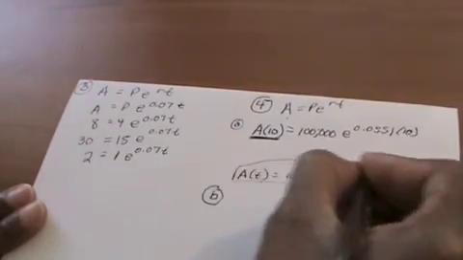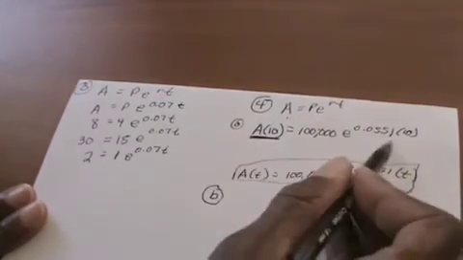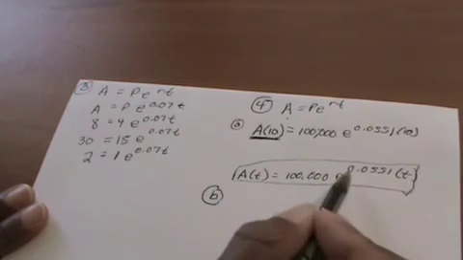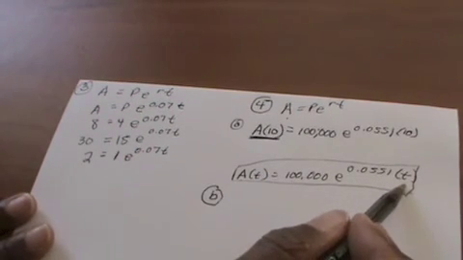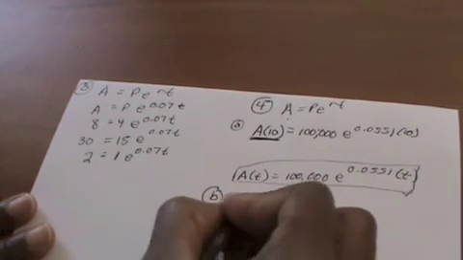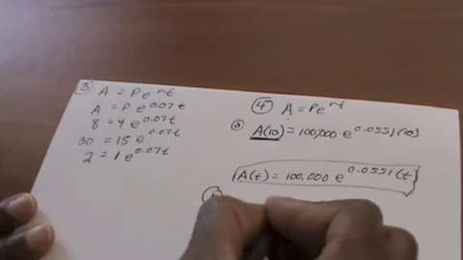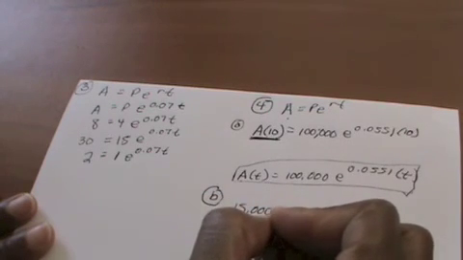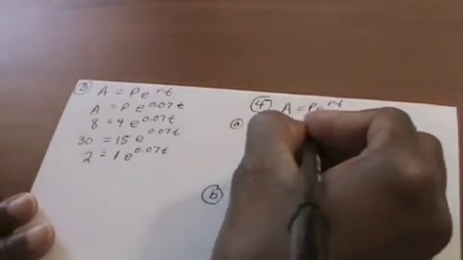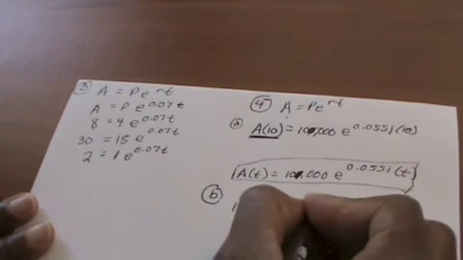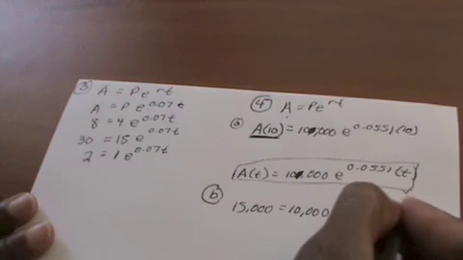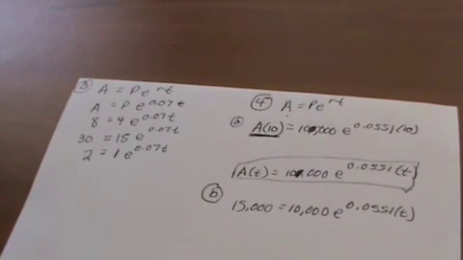So in this earlier one, I said what happens after 10 years, but the accumulated amount after any amount of years is 10,000 times E to 0.0551 times the T. So then they're saying, how long will it take for the account to be worth $15,000? So your $15,000 is your final amount. You start off at, I'm sorry, this should be 10,000. I don't know why I'm saying 100,000. 10,000, E to 0.0551 times T. All right, and that's it.